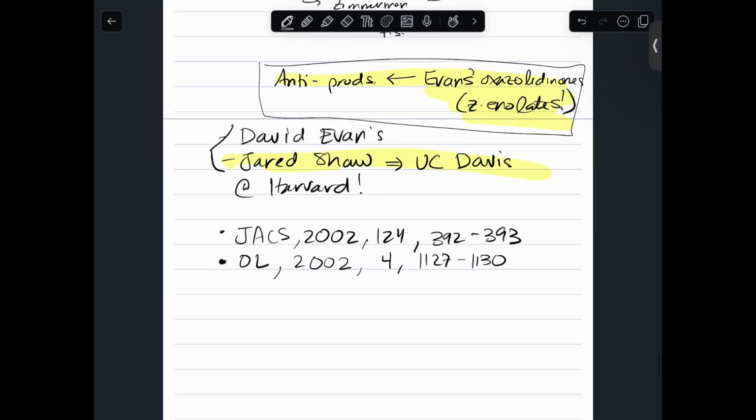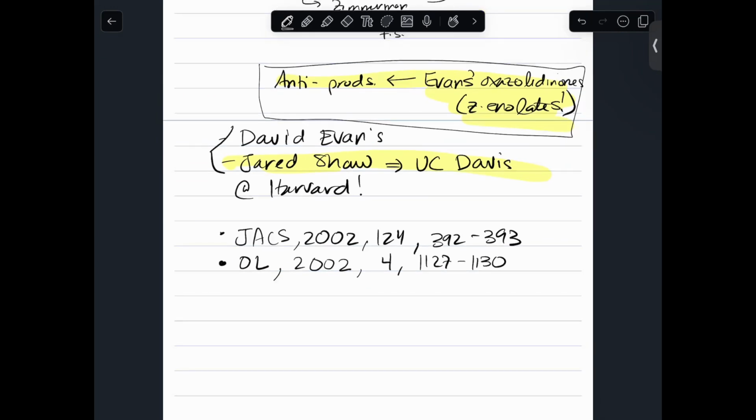Okay, so how do they form anti-products from Evans oxazolidinones, since Evans oxazolidinones favor the formation of the Z enolates? So that doesn't change, right? And what they did was they used a different Lewis acid.